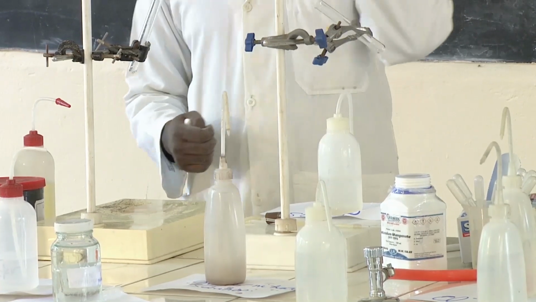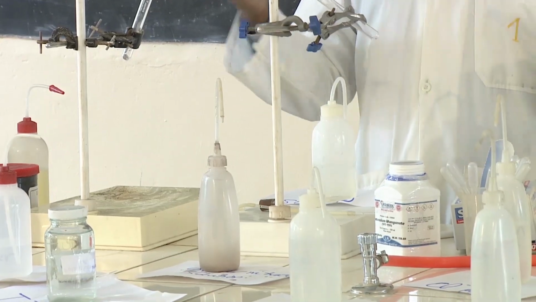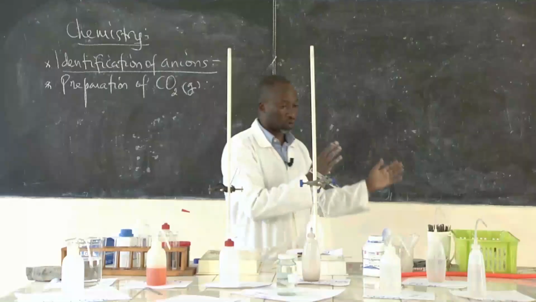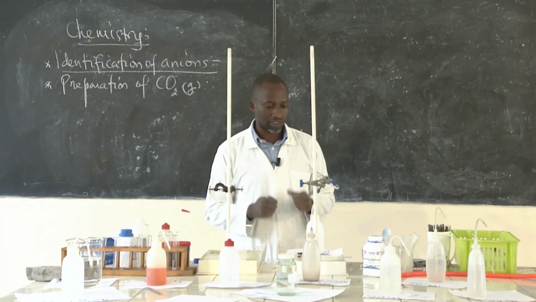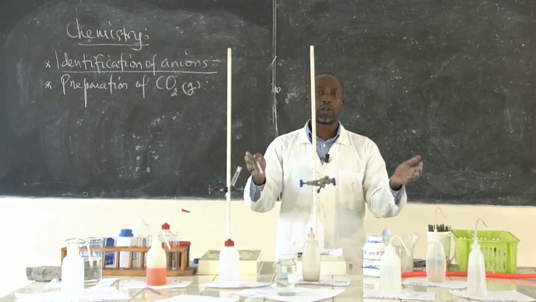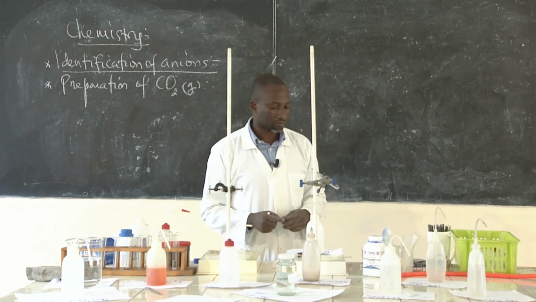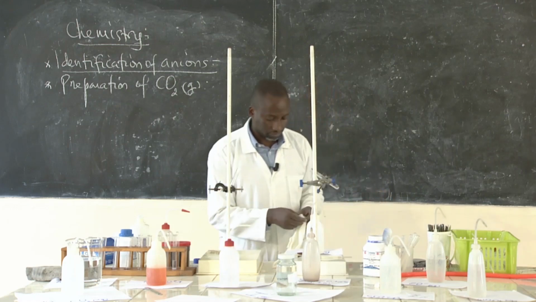How do you tell that this solution contains sulfate ions? There are a number of tests, but maybe we will not be able to carry out all of them. We will just do the most necessary and important test using common reagents.